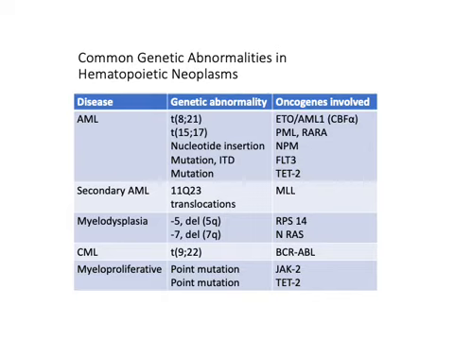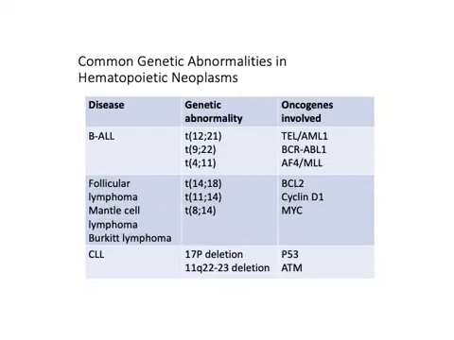The Philadelphia chromosome is diagnostic of chronic myeloid leukemia. Deletion of chromosomes 5 and 7 are particularly important in specific groups of myelodysplasia. Genetic abnormalities are also common in the lymphoproliferative neoplasms.